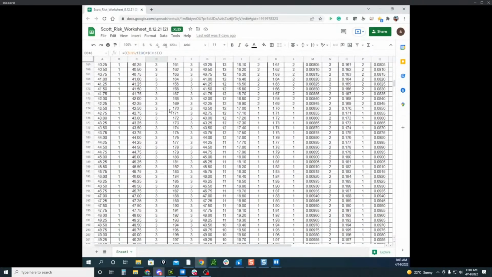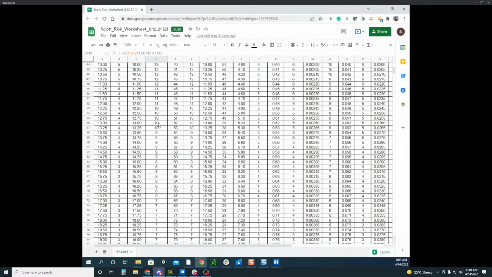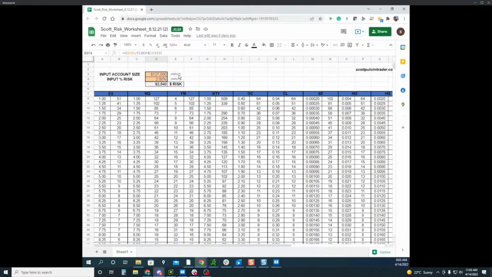This is based on my auto trader. I didn't put this trade on my auto trader. You can see on my website if you guys want information on that, but this is basically the value of the auto trader, $12,700. So I trade micros in that. We went over this last week, and you want to be risking at most 2% of your account value, right? Usually 1.5 to 2%.